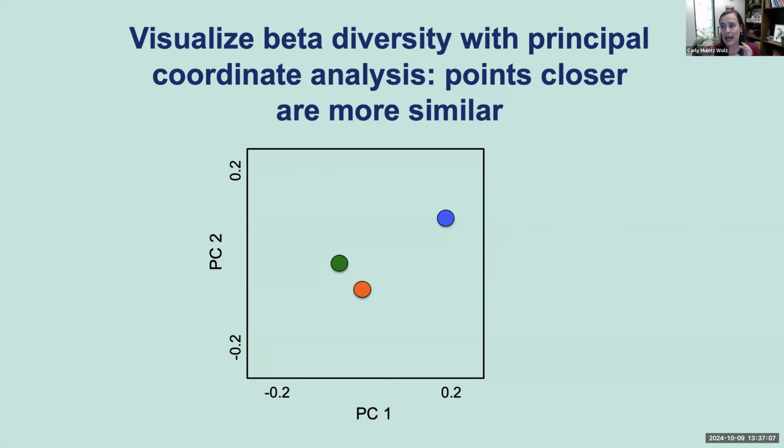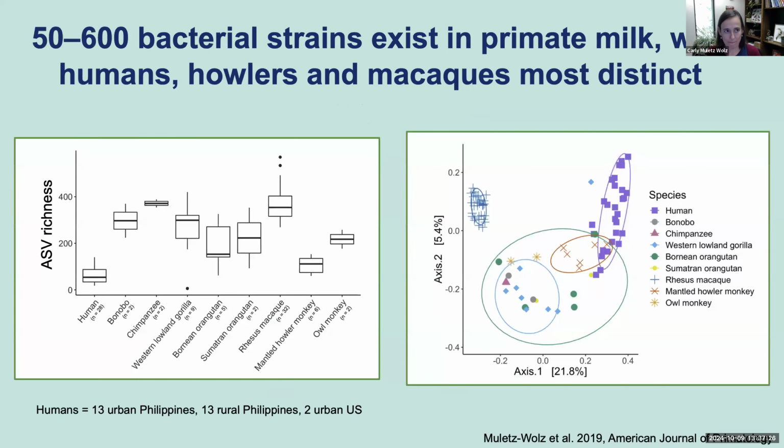Then we can put that into a plot, a principal coordinate analysis, where the more similar you are to one another, the closer your points are. So the human and the mantled howler monkey were more similar in this example, and so their points on the plot are closer together than to the gorilla.